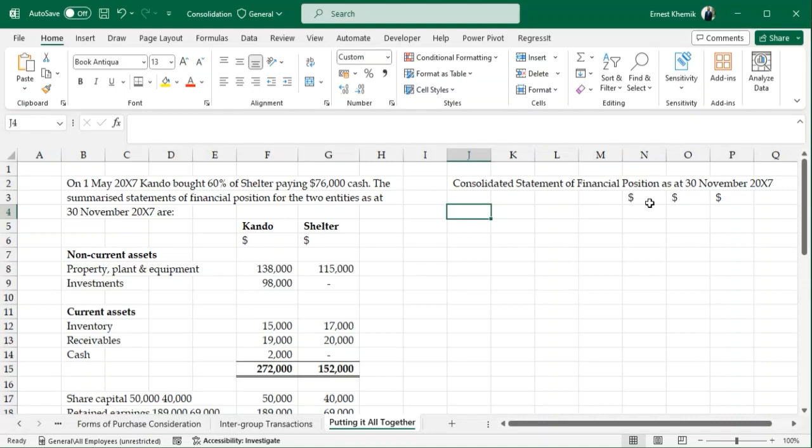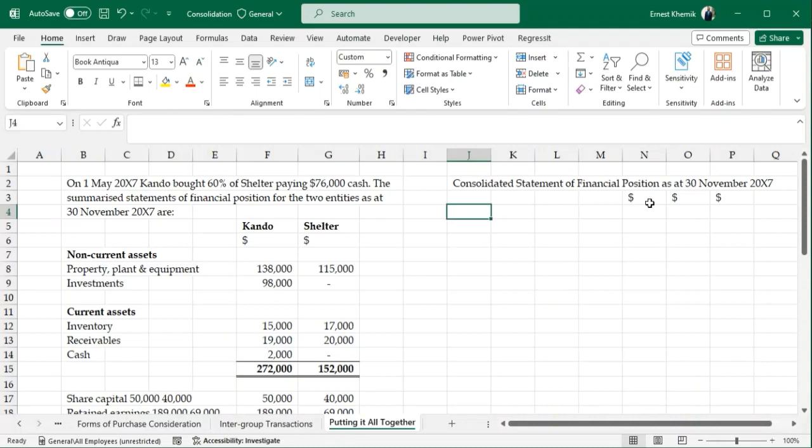We are going to put it all together in this particular video. I talked about intra-group trading, and then we talked about current account balances. We talked about unrealized profits. We talked about transfer of non-current assets.